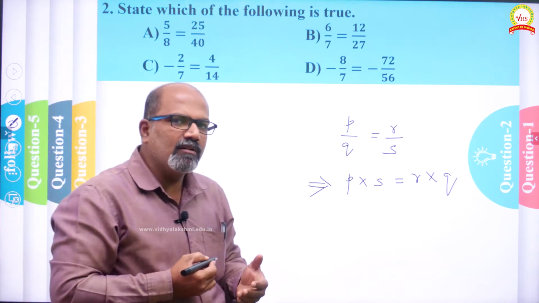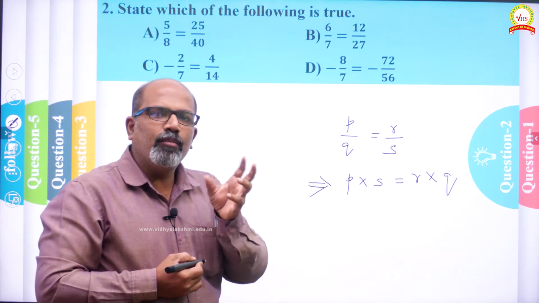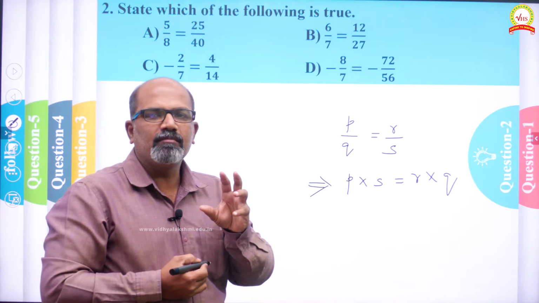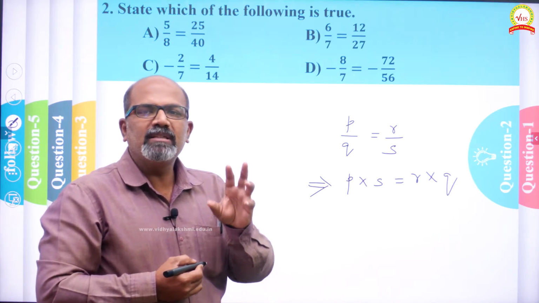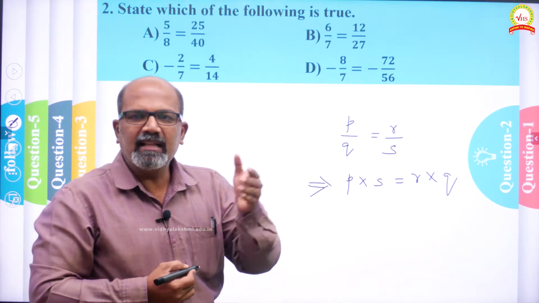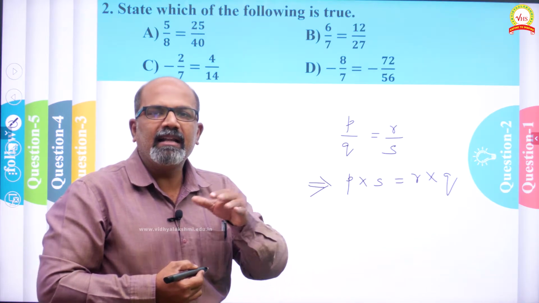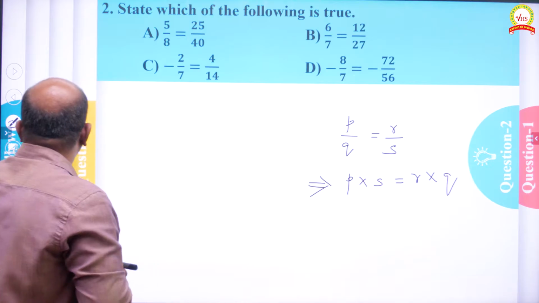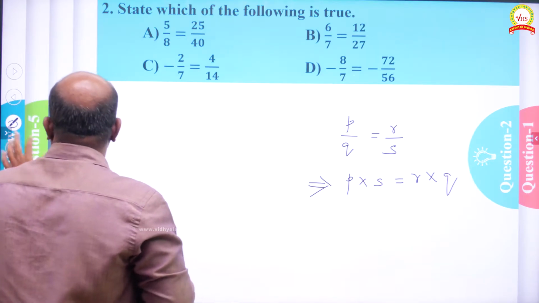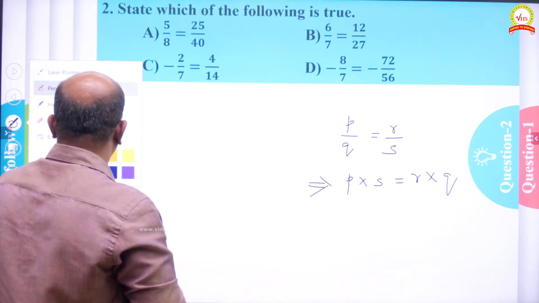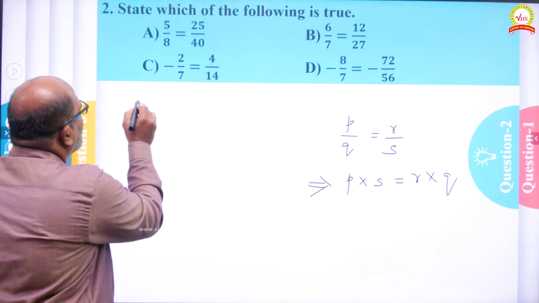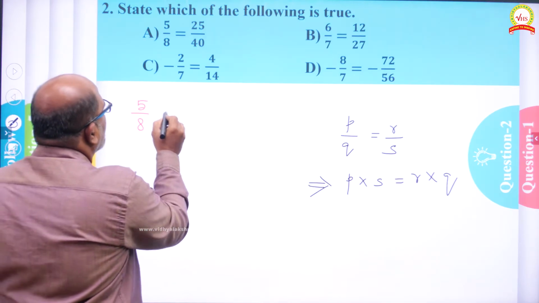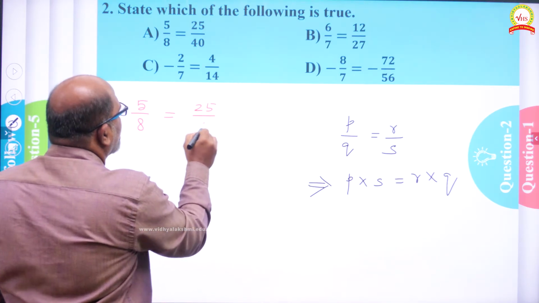In another way, we can check by making both sides to be in standard form. We have to make both the rational numbers on the left side and on the right side to be in standard form. And if they are equal, then we can tell that those two rational numbers are equal. So, I just want to first simplify. I am taking this 5 by 8 and 25 by 40.